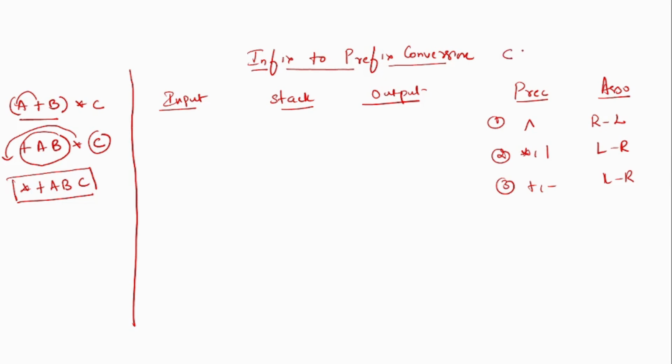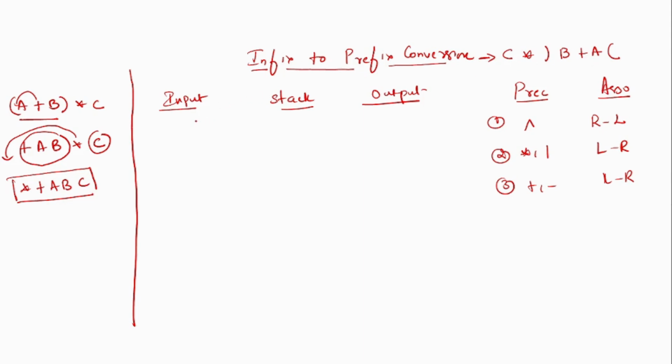Now please listen carefully, and look here carefully how I am reversing. C, I will write C as it is. Then star, and then the bracket, I will write the bracket as it is, and then B plus A, and then the open bracket. This is my reversed expression, and we will scan this reversed expression from left to right.